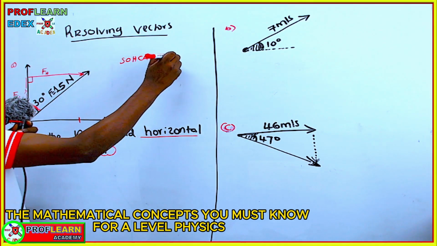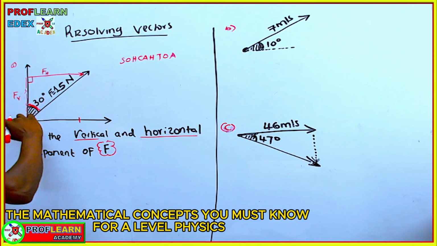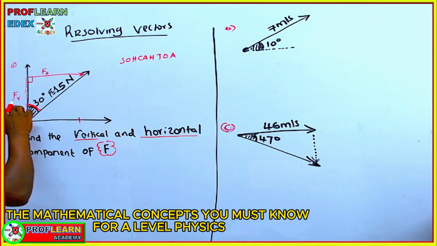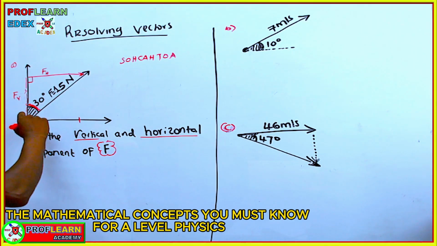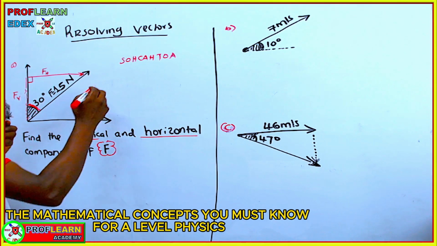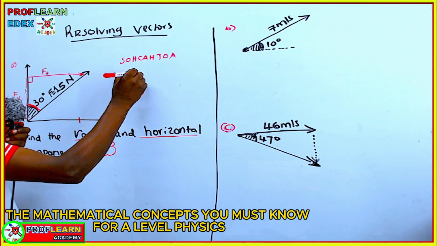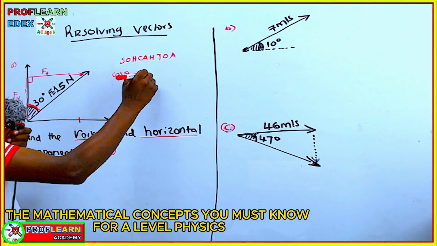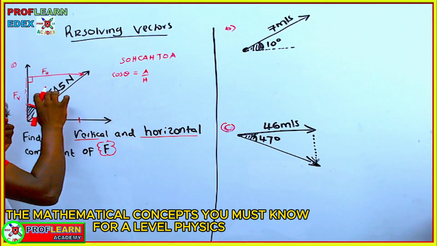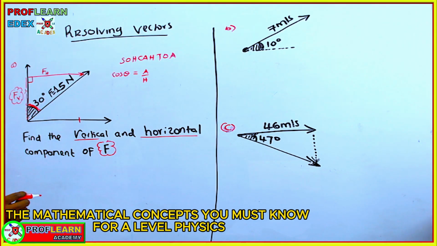In order to work out the vertical component, we have adjacent and we have hypotenuse. Remember, this is the longest side of the triangle. So cos theta is equal to adjacent over hypotenuse. That will enable us to work out the vertical component.